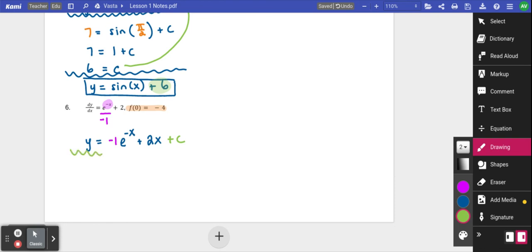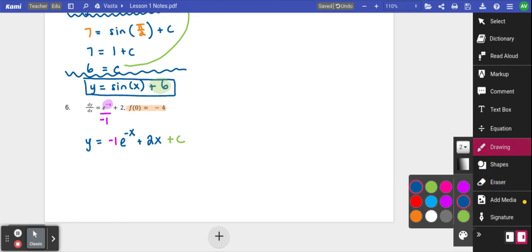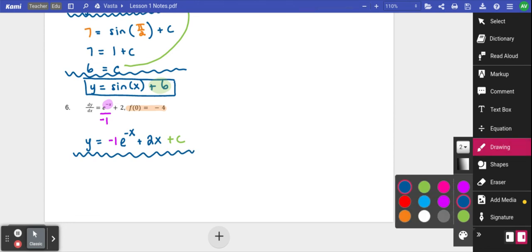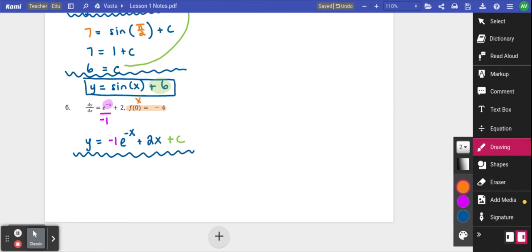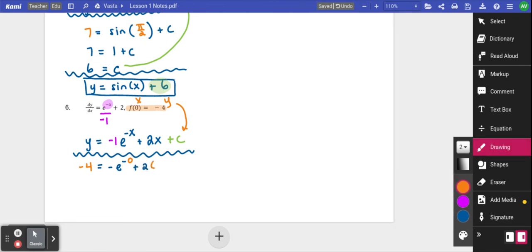Now, in order to find the value of c that is correct for this problem, I'm going to go ahead and plug in my initial value. So my initial value here is x is 0 and y is negative 4, and I'm going to plug that in. So I'm going to have negative 4 equals negative e to the negative, again, I'm plugging in a 0, and then plus 2 times, again, I'm plugging in a 0, plus c.